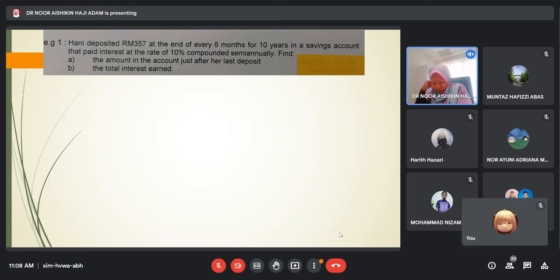Find the amount in the account just after her last deposit. So you want to find S, right? What do you get for S?